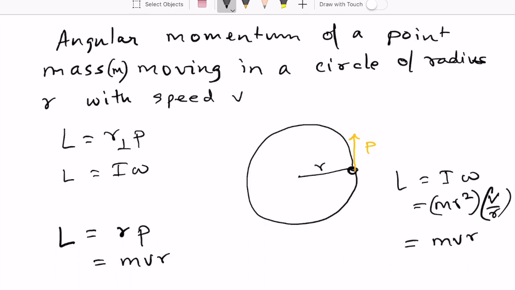So for a point mass moving in a circle, you can use either of these formulas. But if it's an extended object that's spinning about an axis, then you have to use I omega for that. And if it's a point mass moving in a straight line, you use r perpendicular times p.